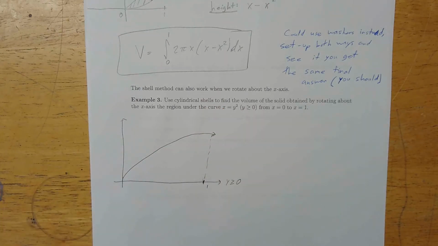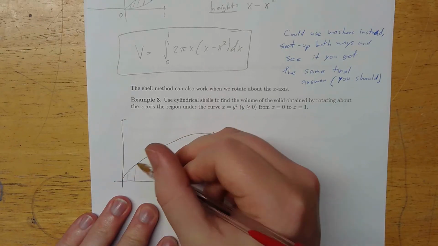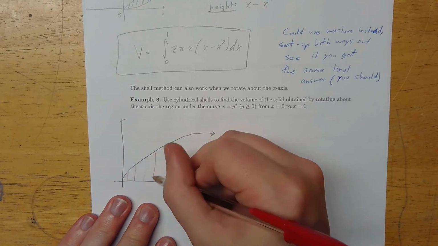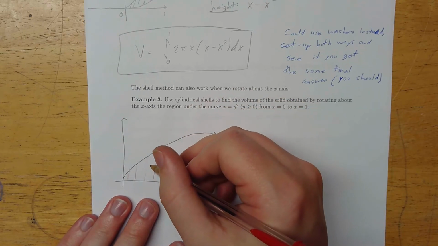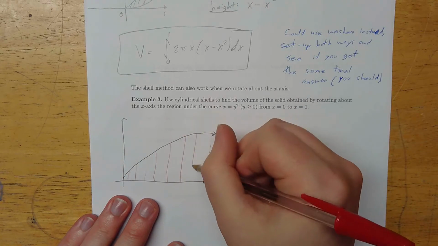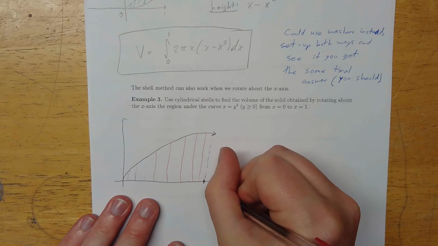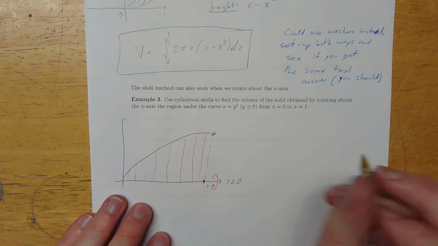That will be where we stop things off. And we're taking this region to make our shells, and we're rotating about the x-axis.